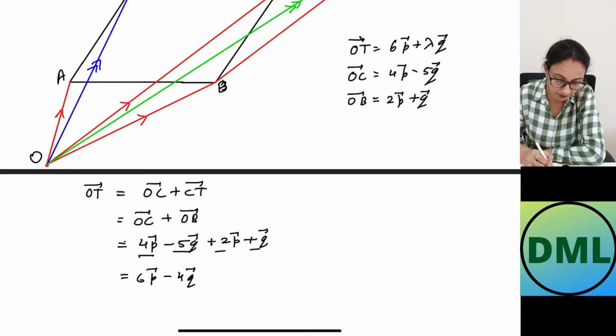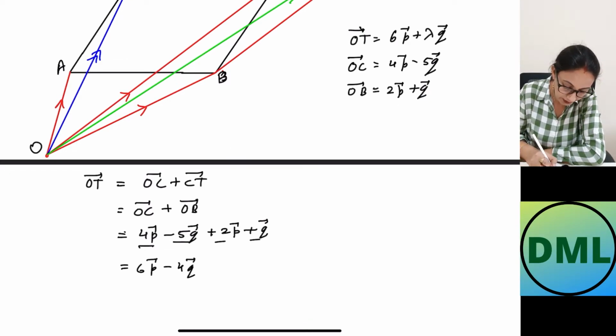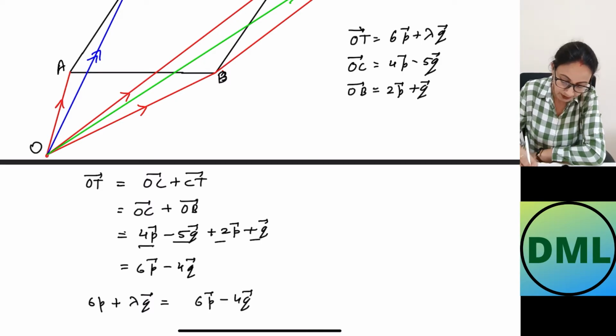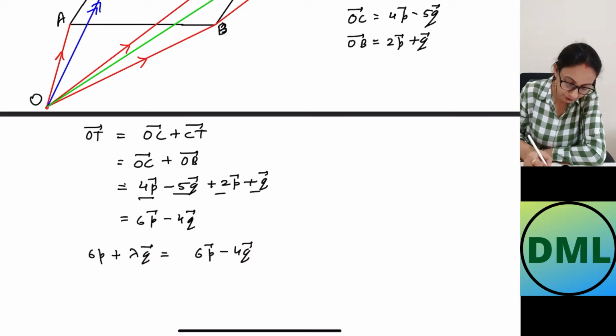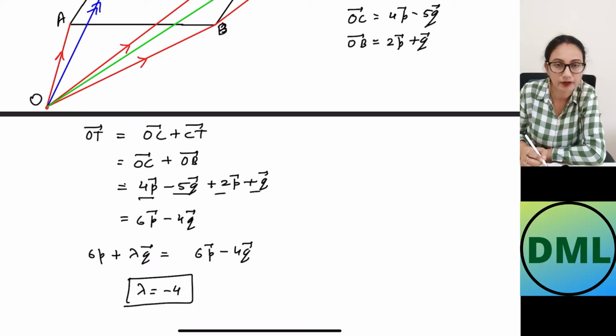Now we have both the values for OT vector, so I'm going to equate both the values. 6P minus lambda Q will be equal to 6P minus 4Q. Now if I equate the value for Q, my value for lambda is equal to 4. That will be your answer for lambda.